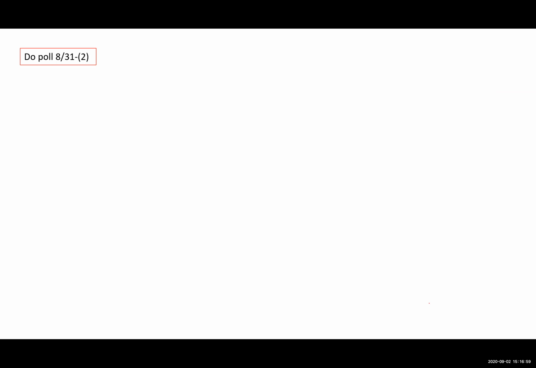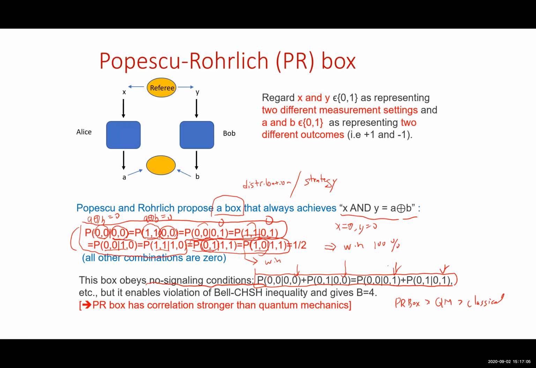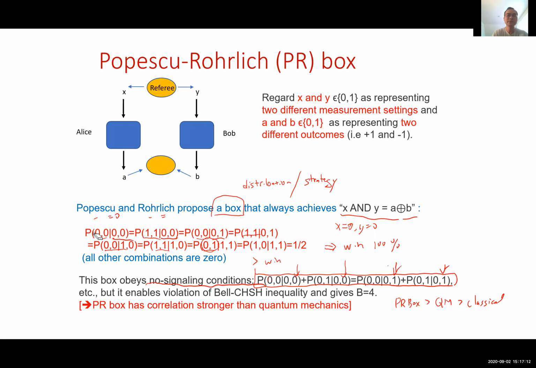I have a question. So I'm still a bit confused about no signaling. Why is it a sum of probabilities instead of just individual probabilities? Individual probability would be too detailed to constrain. Because you should say that it doesn't matter what the B is, right?